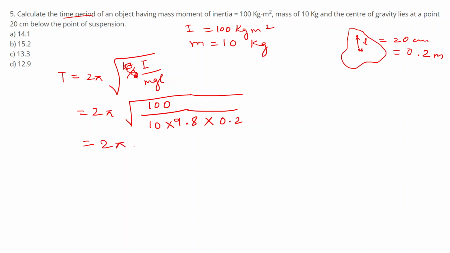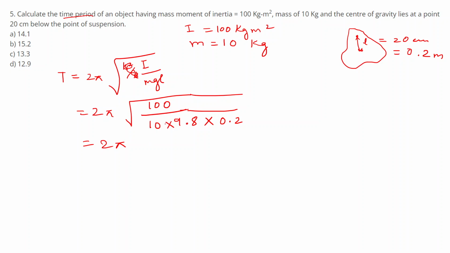Now when I calculate this, 9.8 times 10 times 0.2 is 19.6, so 100 divided by 19.6 is 5.1020.